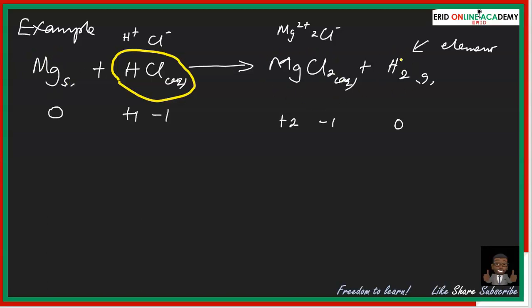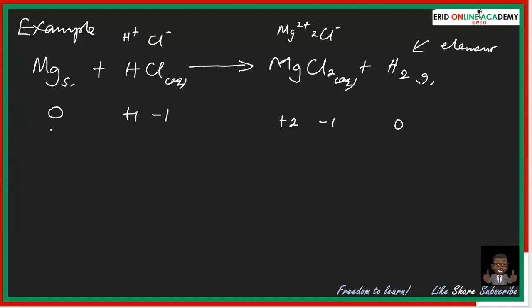We have 2Cl-, that is -2 plus 2, that is 0. Here, +1 -1 gives us 0. So that's another way to look at oxidation number.